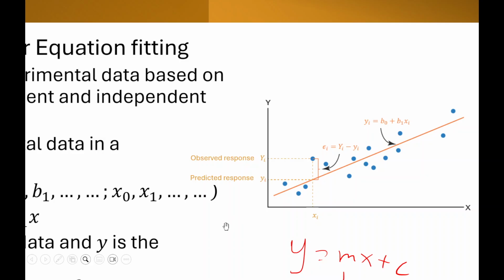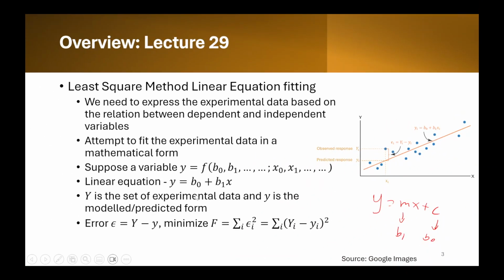So this is the error. And in order to get the best fit, we need to minimize the sum of the squares of the errors. This is what is written here: the error is capital Y minus small y. We need to minimize f, which is the sum of the square of the error at each point.